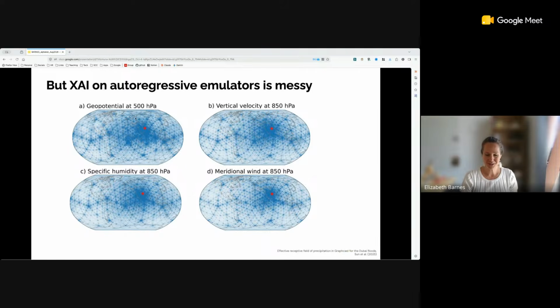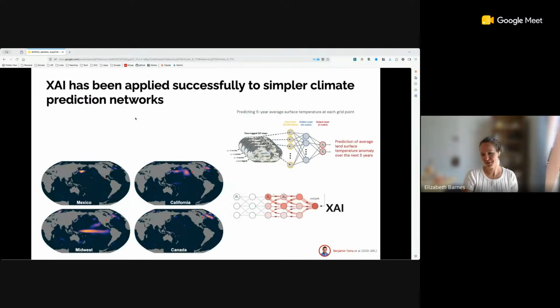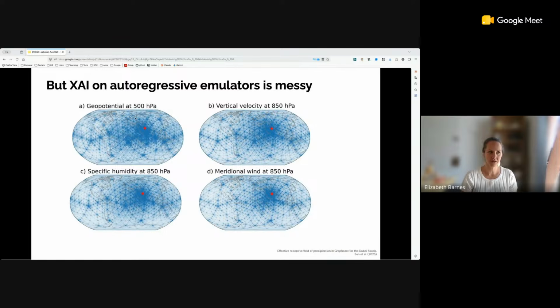But XAI on autoregressive emulators is really hard. This was a simple feed-forward network, and I actually think it gives very clean results. But the second you start using these autoregressive models that are taking in the full state of the atmosphere and having to predict the entire state at the next time step, this is an example using GraphCast, and to be honest, trying to explain the Dubai floods and specifically its forecast of them sort of tells you it looks everywhere and it looks nearby more than elsewhere.